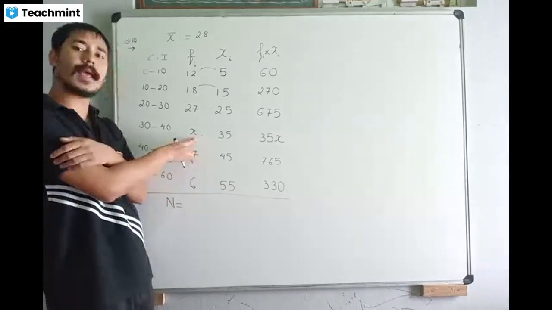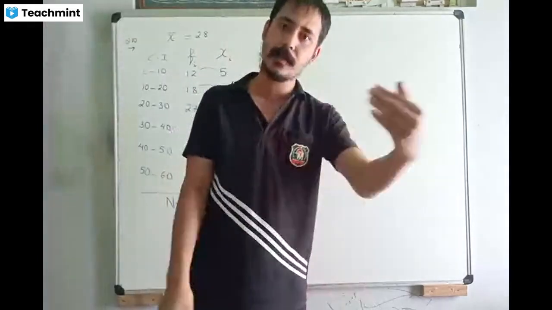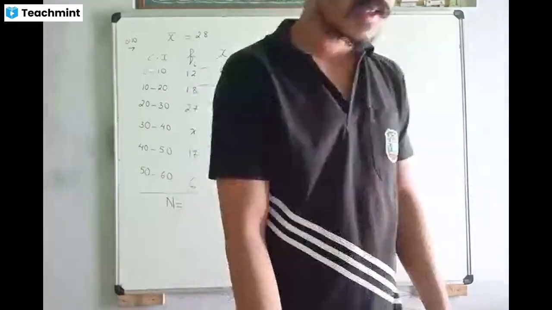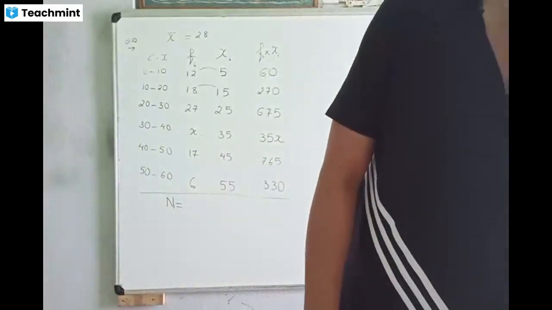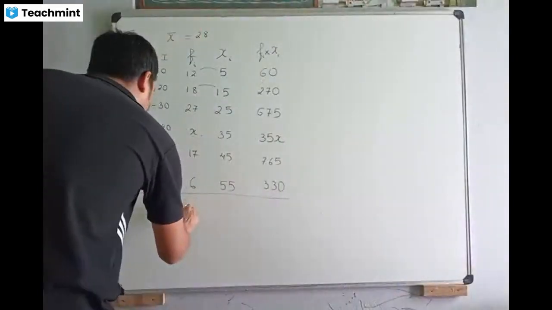And we need to add x along with it. 80 plus x is not 80x. It's 80 plus x only. 80 and x cannot be added. So 80 plus x will simply be 80 plus x.